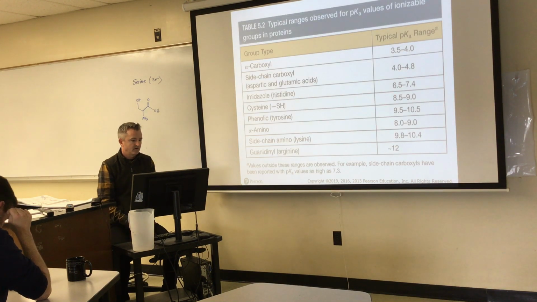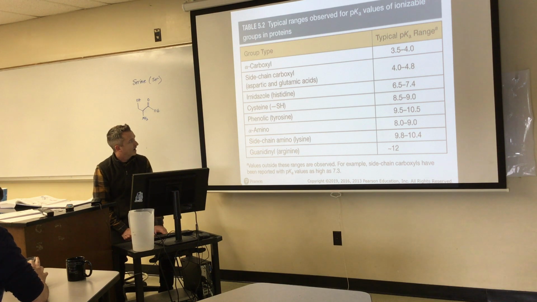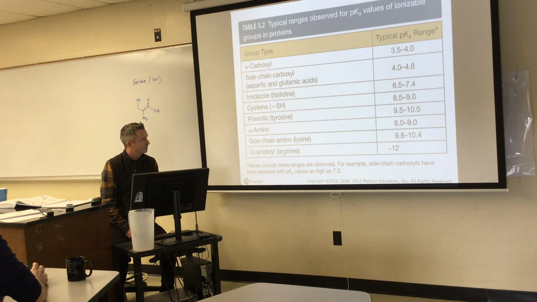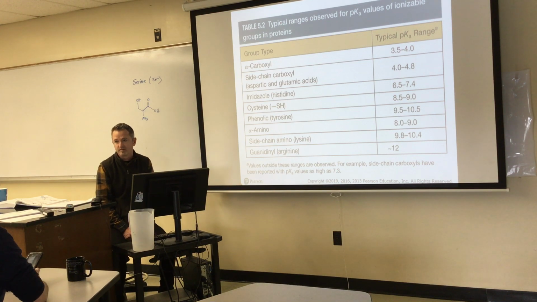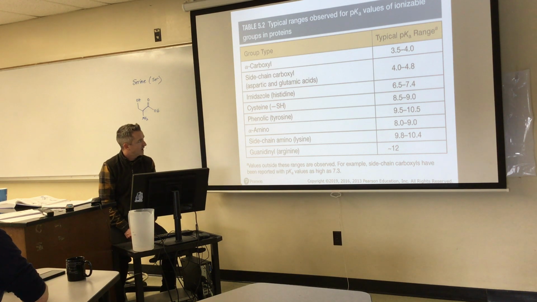Okay, here's some typical ranges for pKa values for ionizable groups in proteins. This should be pretty straightforward. We should know that the carboxylic acid group is in the lowest range, right? Because they're the most acidic. Side chain carboxylates are a little bit higher.